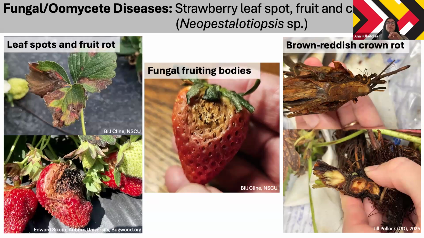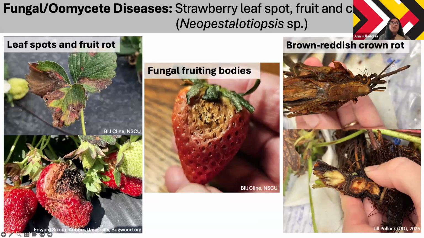And this can be a latent infection. It usually comes into fields from infected transplants, or if there's a history of Neopestalotiopsis in the area, then a leaf infection can lead to debris where the fungus might survive.